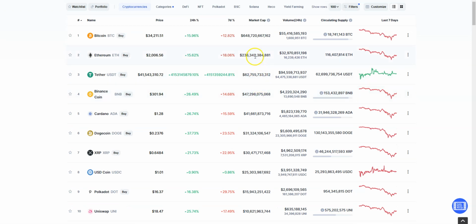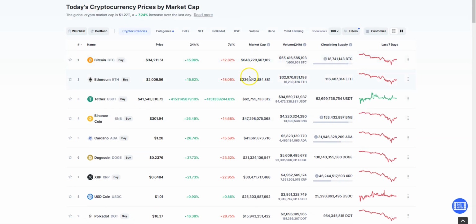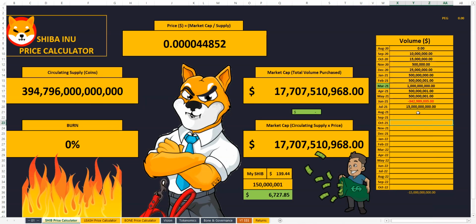Okay, let's just go for the big gun straight away. Bitcoin and Ethereum. So their total is about 900 billion. Clearly, this is just an interesting exercise, but I just wanted to show you.